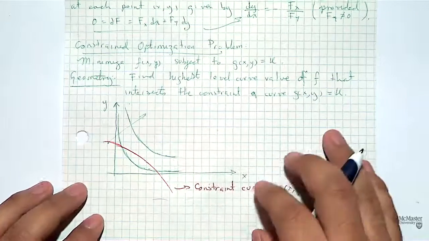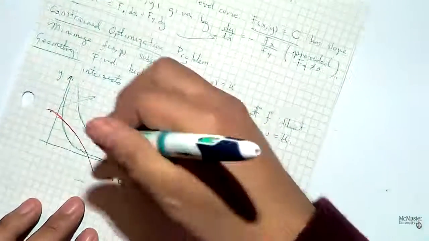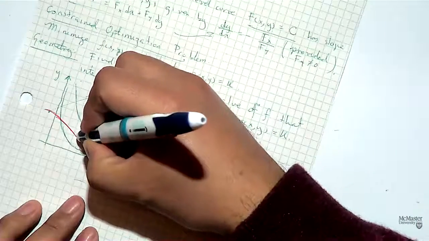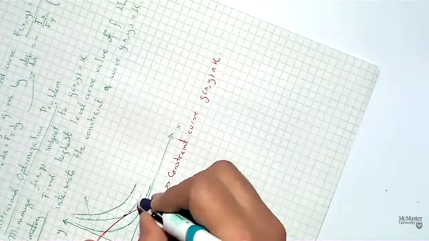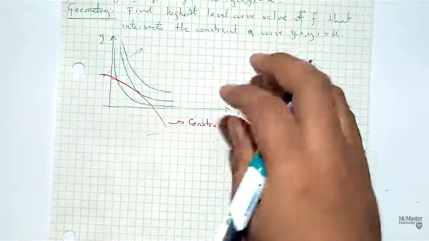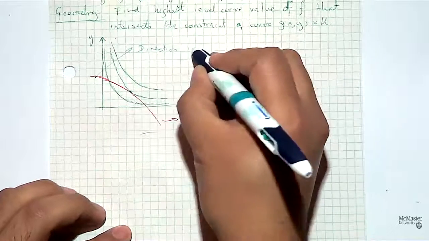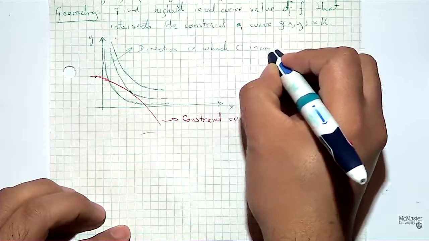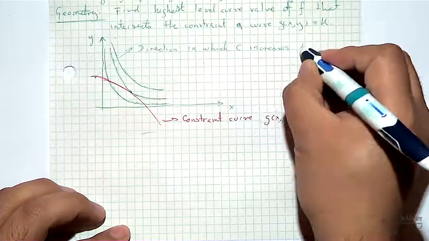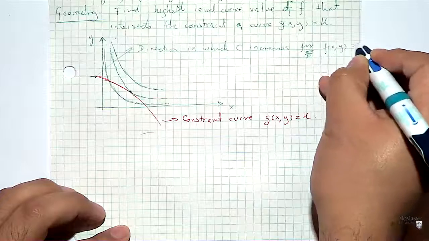So you have to look for the level curve that maximizes f and still touches the constraint curve, which would be, for example, this one. This is like a thought experiment. We will call this the direction in which c increases for f of x, y equal to c.